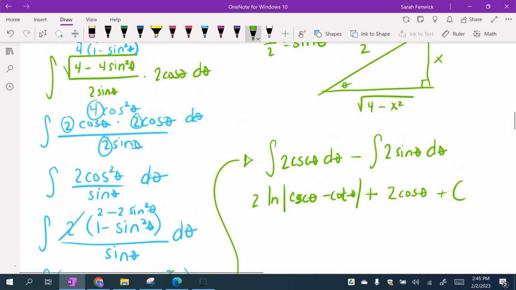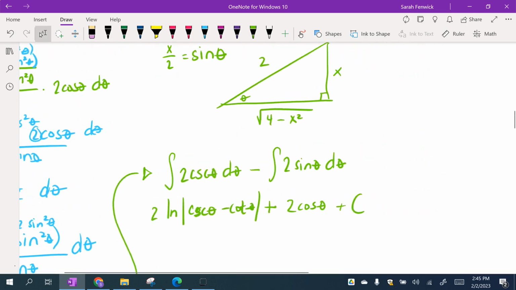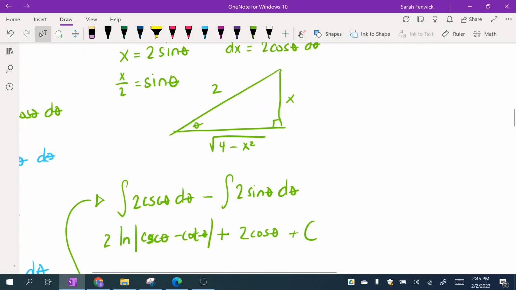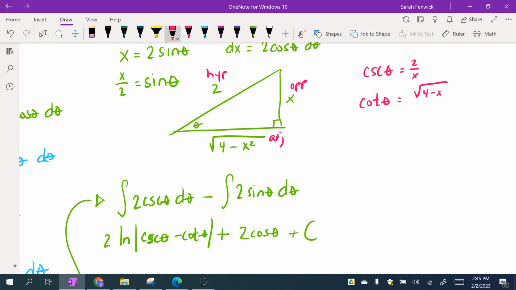All right, back to our reference triangle because we need to replace cosecant, cotangent, and cosine of theta. Adjacent, opposite, hypotenuse. Cosecant theta is the reciprocal of sine, so that's going to be 2 over x. Cotangent theta is adjacent over opposite, so square root of 4 minus x squared over x.